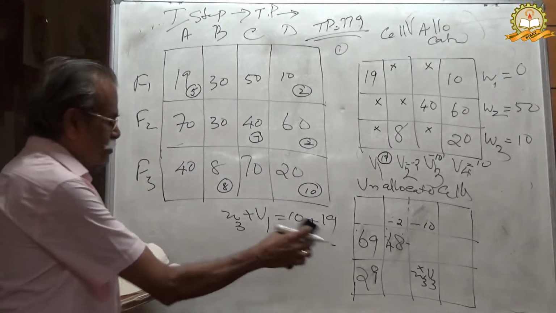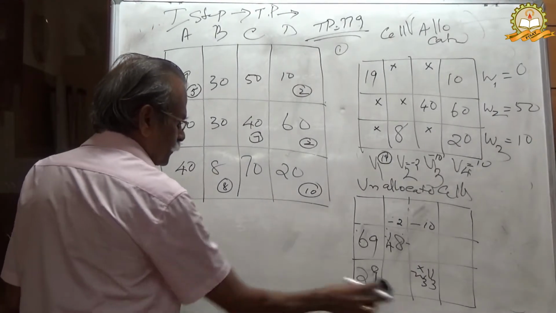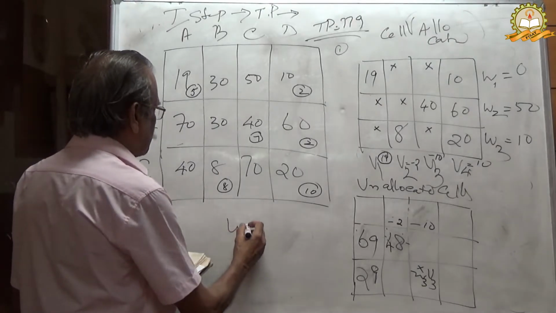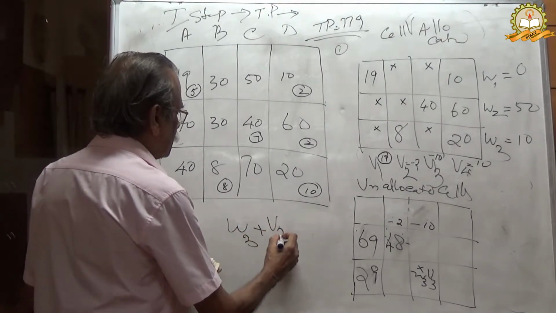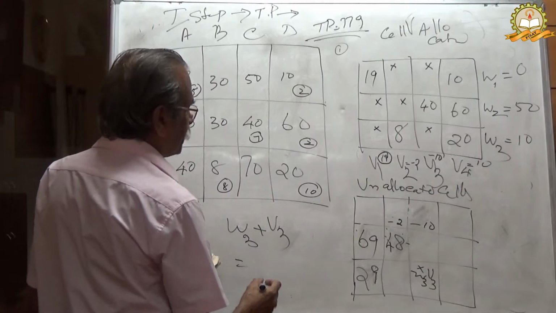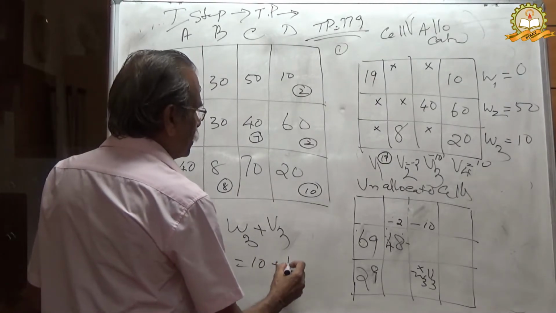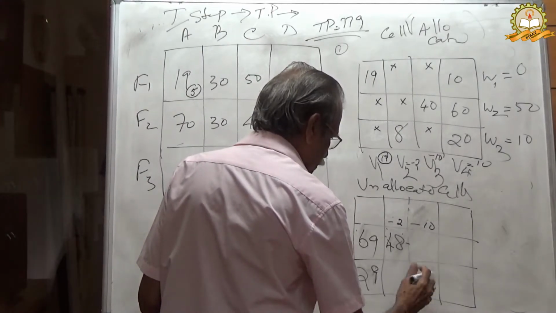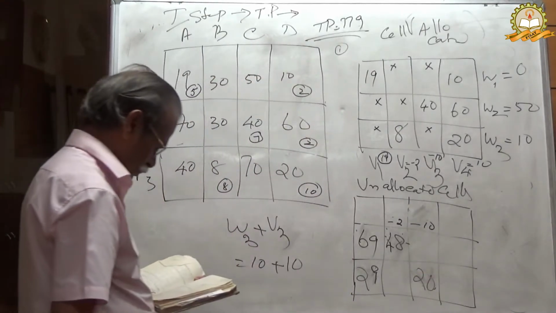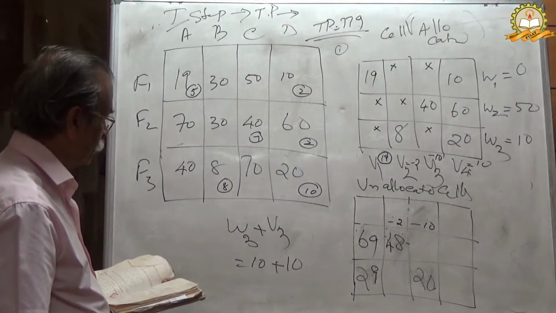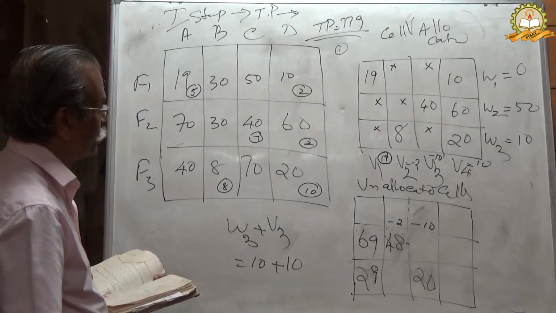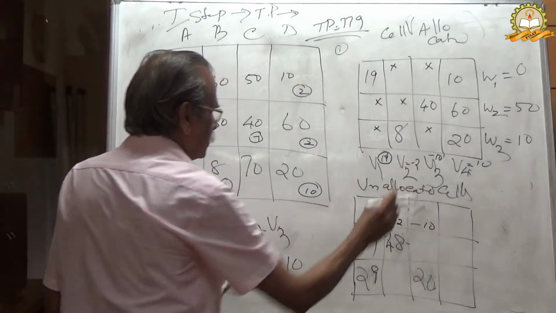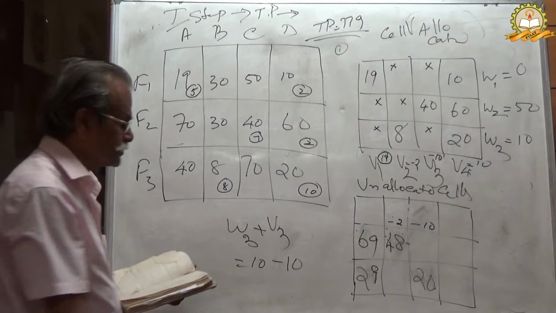Then last one U3V3, that is U3 plus V3, where U3 equals 10 and V3 is negative 10. Therefore, you have 0.